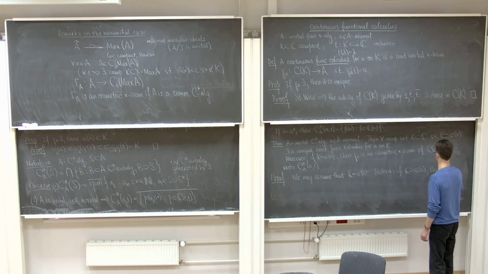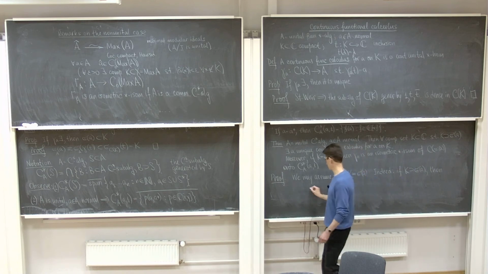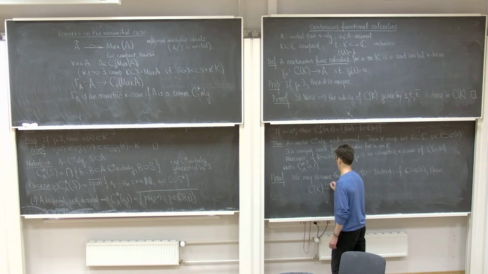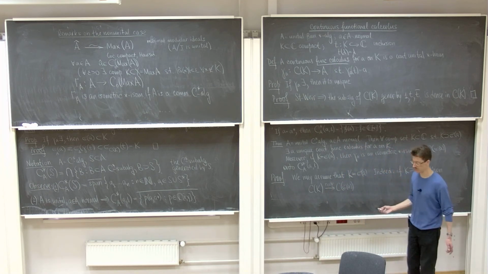then we can look at the following picture. We can first take the restriction map from C of K onto the algebra of continuous functions on the spectrum. Clearly, this is a unital star homomorphism.